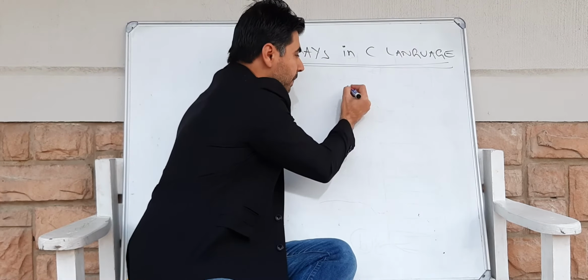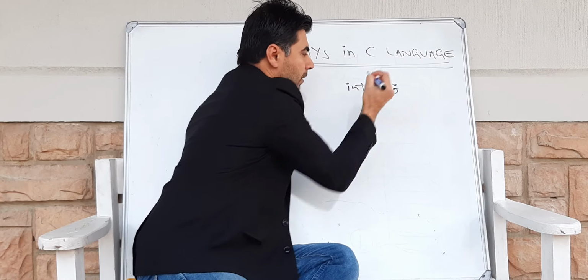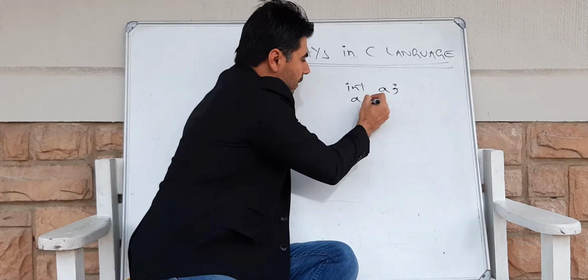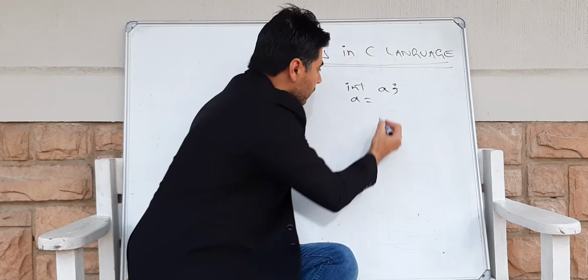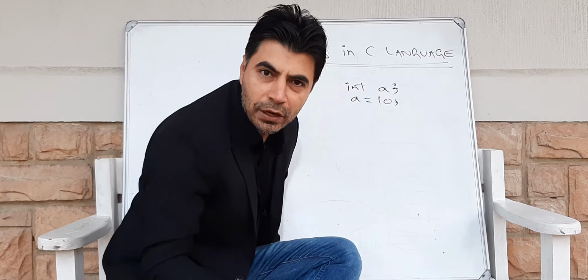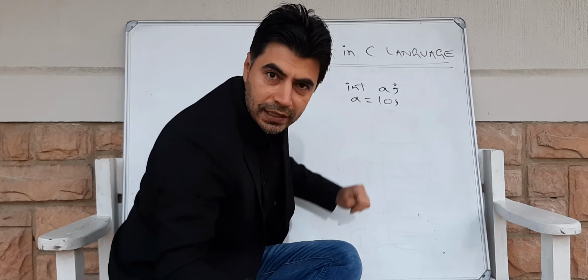As an example, int A, you initialize the value of variable A as 10. 10 goes to A. So there is an integer type variable A, and the value of A is 10.